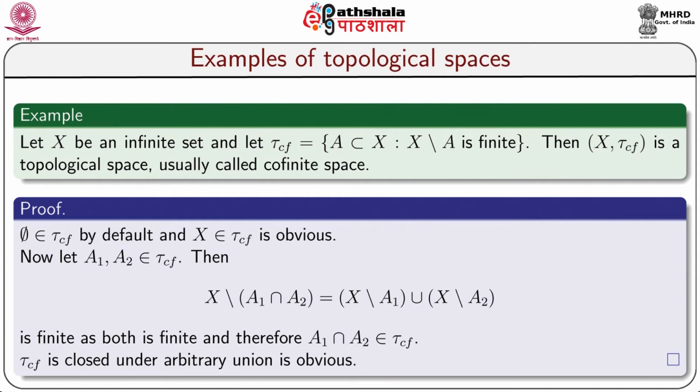Now as A1, A2 both belong to tau_cf, X minus A1 is finite and X minus A2 is finite. So the right hand side is finite. That means X minus (A1 intersection A2) is finite, so A1 intersection A2 belongs to tau_cf. So tau_cf is closed under finite intersection, and it is obvious that tau_cf is closed under arbitrary union.